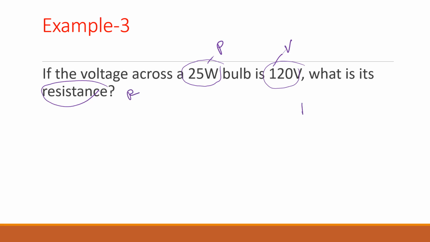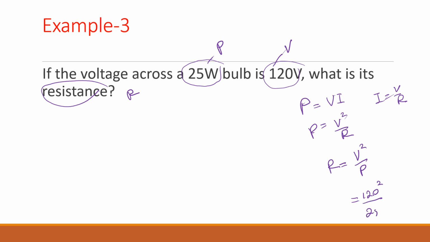P is equal to VI, or else we said that we can replace I with V over R. So we can say V squared over R is P. So we can find the resistance, which is equal to V squared over P. So V is 120 squared divided by 25. So we can find the resistance in ohms.